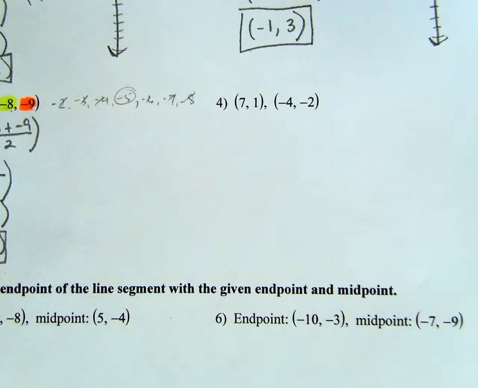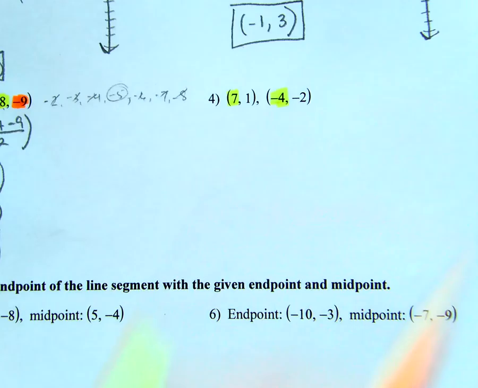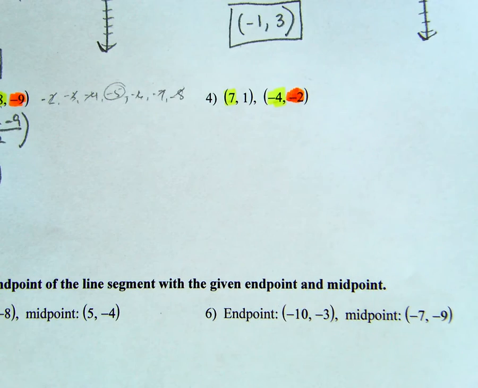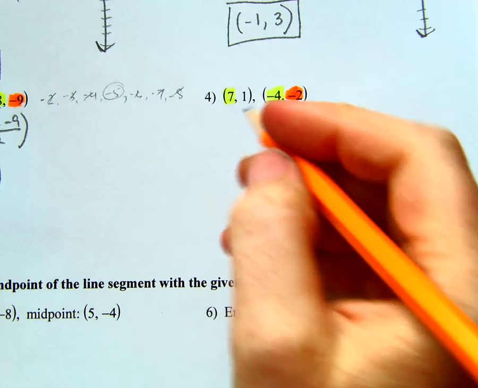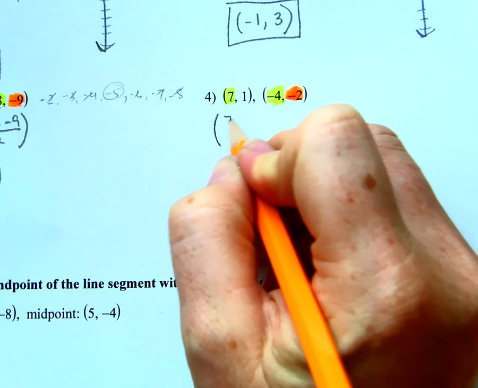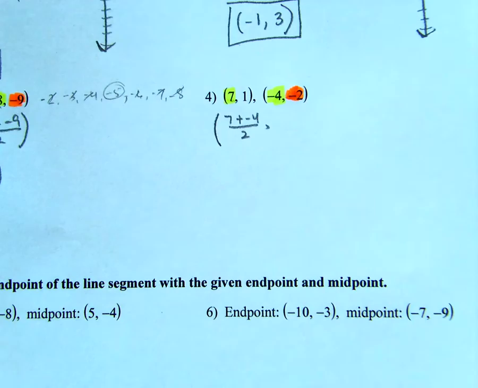All right, one more time for finding the midpoint. I'm going to identify my x's, and then I'm going to identify my y's. And I find the average of the x's, so that's 7 plus negative 4 divided by 2. Oh, I missed a y here.